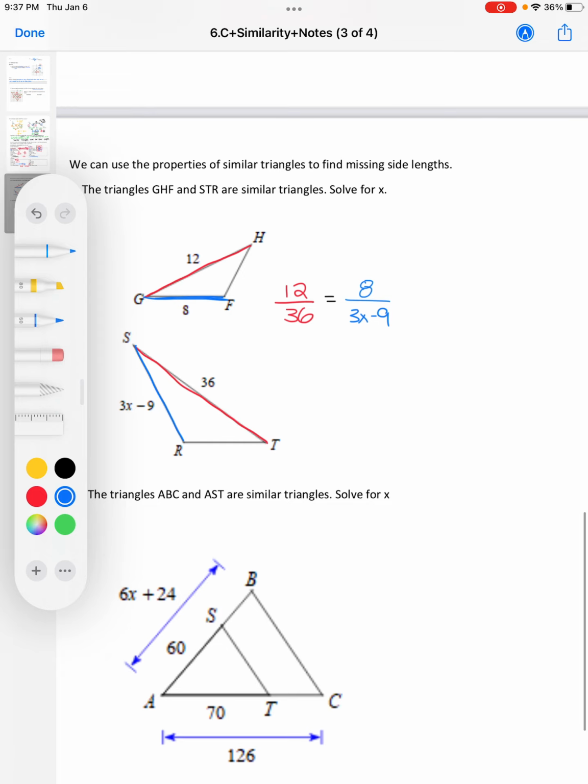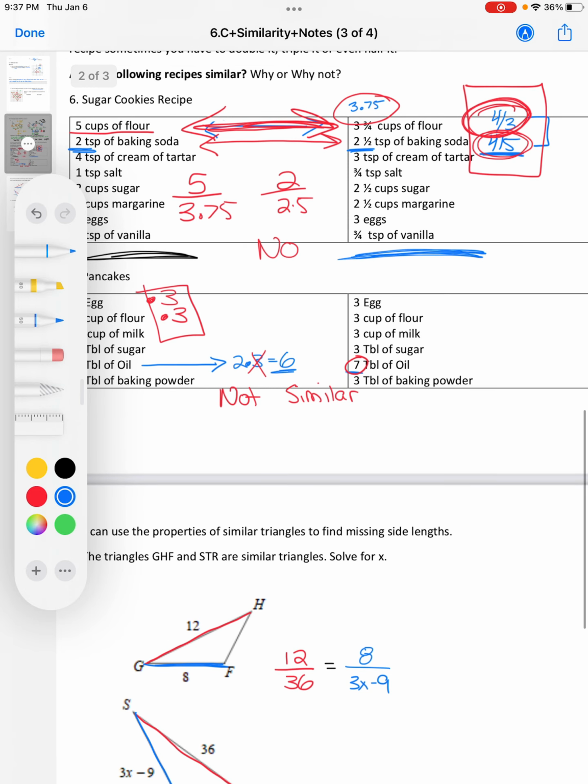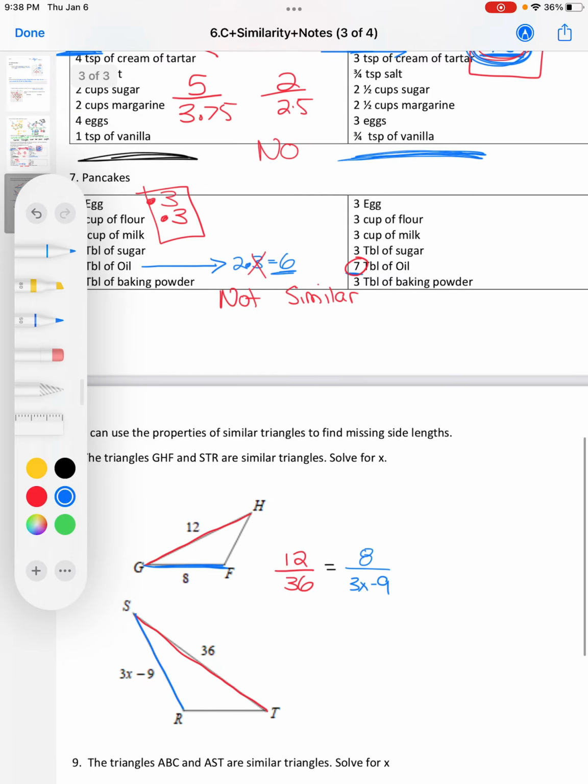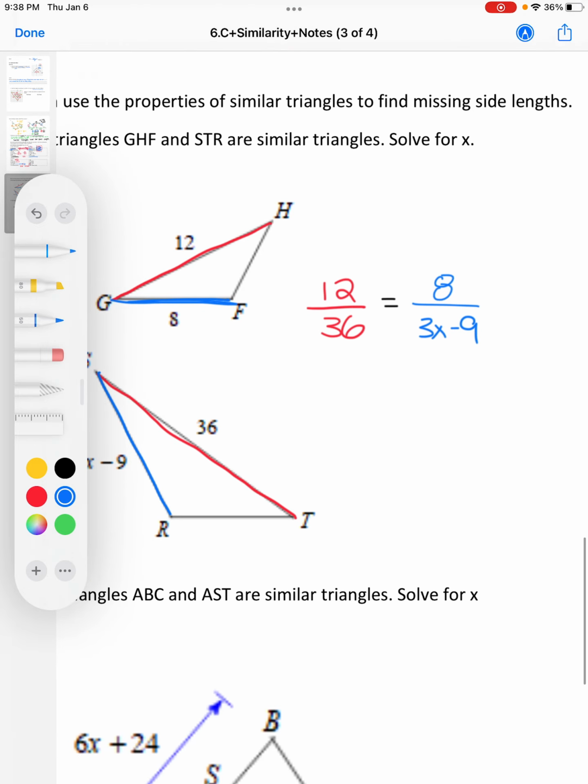It's just ratios. I'm doing the same thing I did here. I took one side, divided it by the other side to find what number I multiplied it by. Same thing here. I took one side, divided it by the other side to find what I multiplied by. Okay? I'm doing the same thing right here. One side, the 12, to the other side.